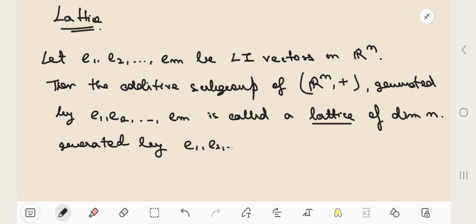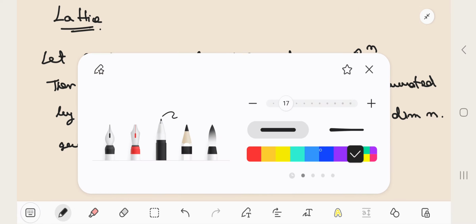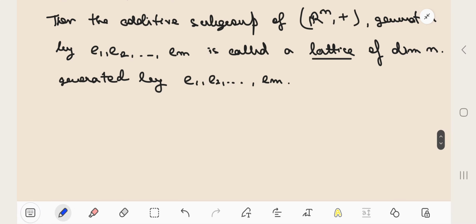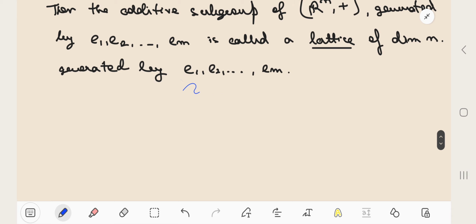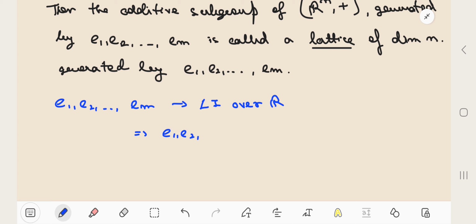E1, E2 till Em. Okay, so the immediate observations which we can carry out from here is that we know these elements E1, E2 till Em are linearly independent over R, right? Because Rn is a vector space over R. So this immediately implies that they are linearly independent over Z as well.